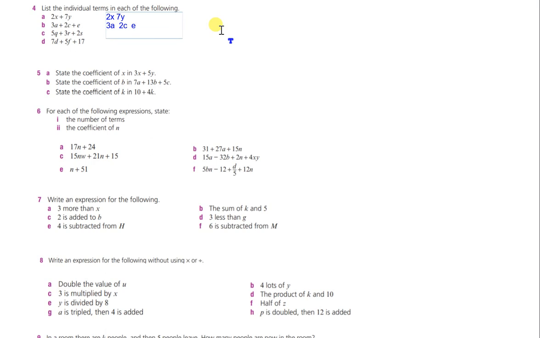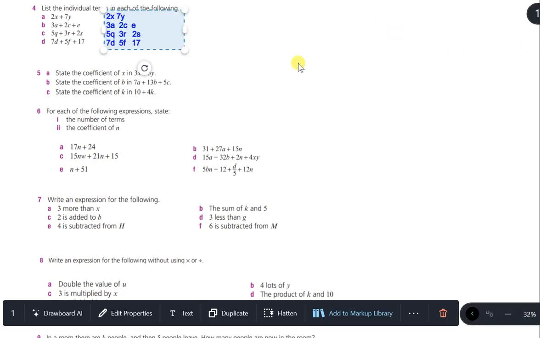For the next one, you've got 5 of q, you've got 3 of r, and you've got 2s. And for the next one, you've got 7 of d, you've got 5 of f, and then you've got just the number 17 as a constant, just by itself there.